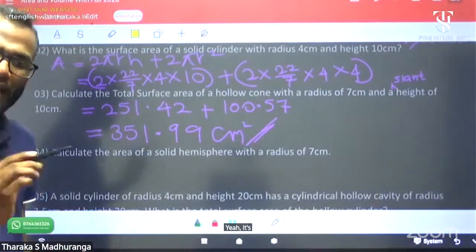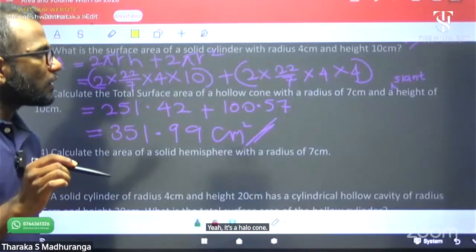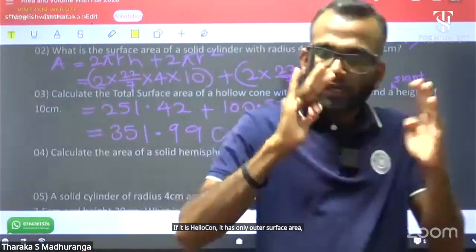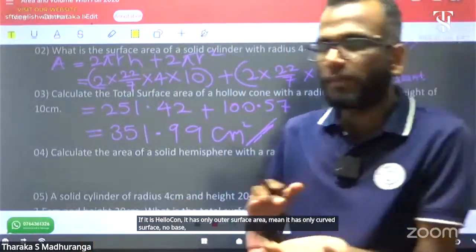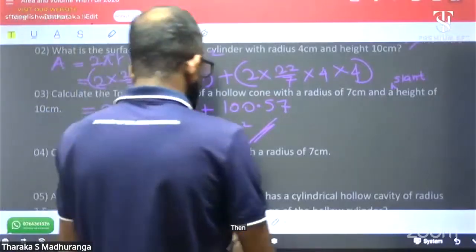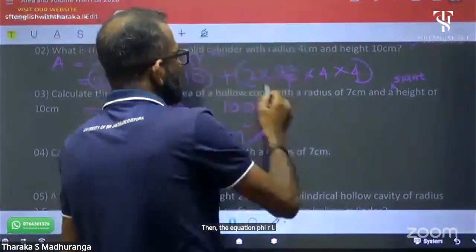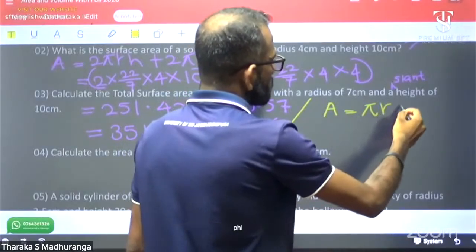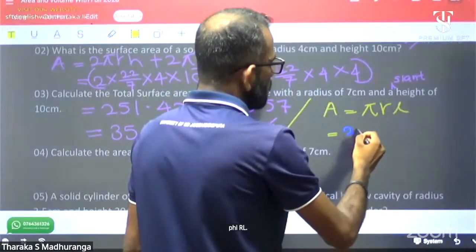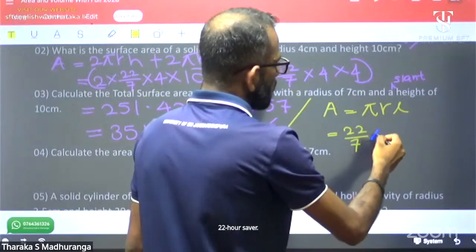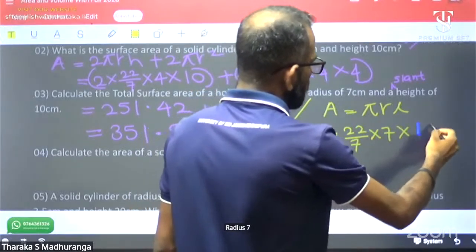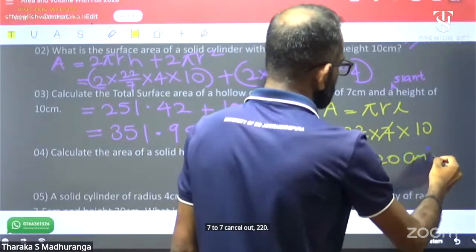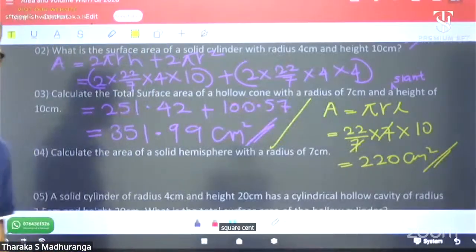It's a hollow cone. If it is a hollow cone, it has only the outer curved surface, no circular base. Then the equation is pi r L. The area equal pi r L, 22/7, radius 7 into L. 7 and 7 cancel out. 220 square centimeter. Very simple.